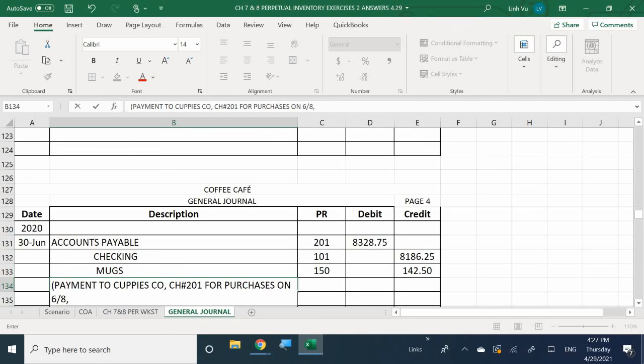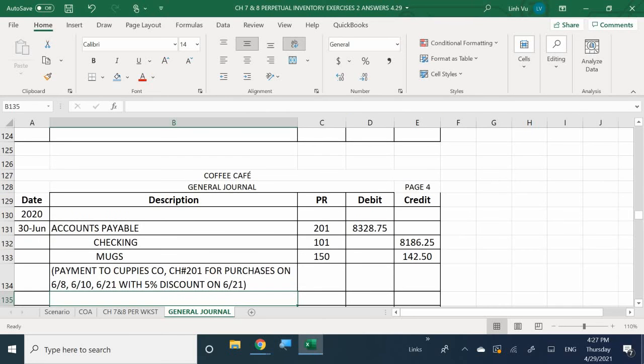I also made the purchase on June 10. And then the last one was June 21st. And then I'm going to write here June 21st with 5% discount. So that I'm just finishing up my journal here.